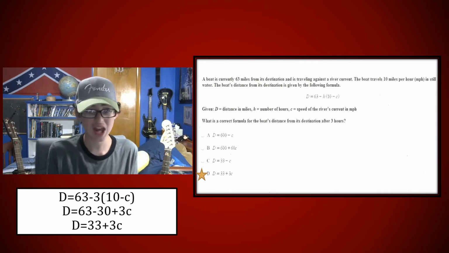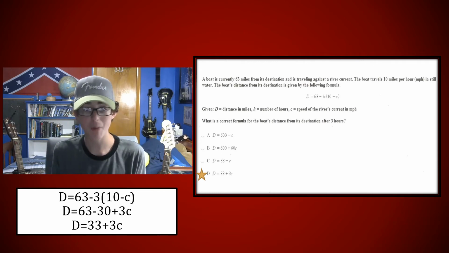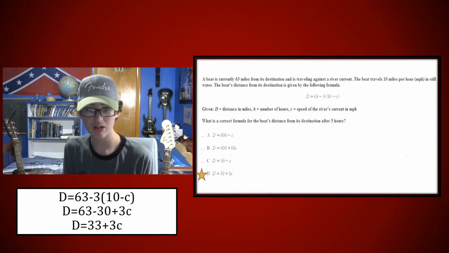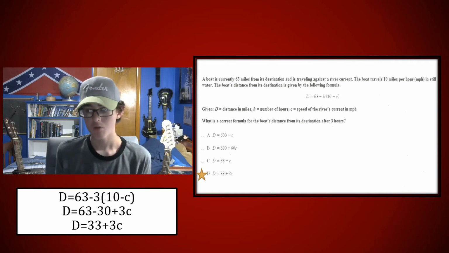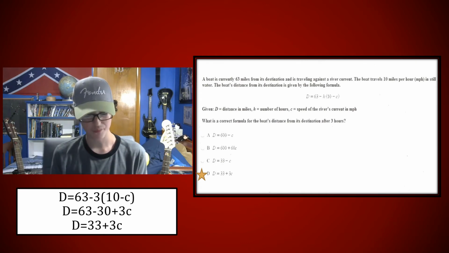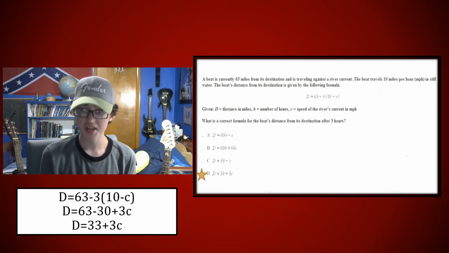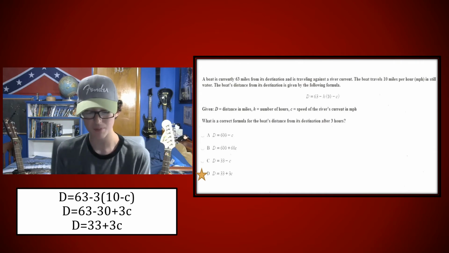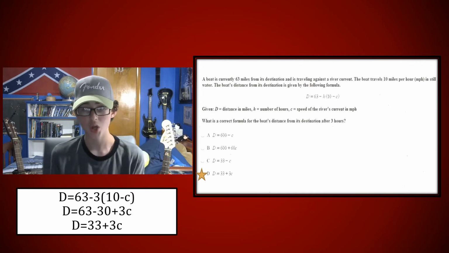Minus 3 times 10 is equal to a minus 30. And a minus 3 times a minus c, minus times a minus would become a positive. So it'd be 3c. And then you subtract 63 minus 30, and that'd be D equals 33 plus 3c.